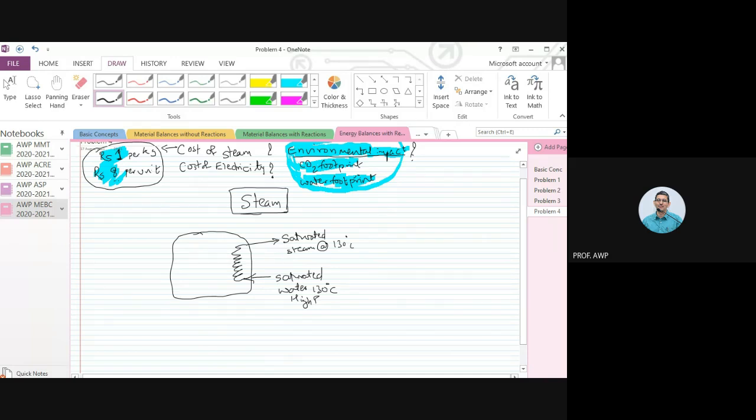How do I generate 1 kg of steam? Can you think about what could be a heating source? What would provide heat? Coal. Yeah. So I burn coal and I generate heat, right? Is that what you are trying to say?